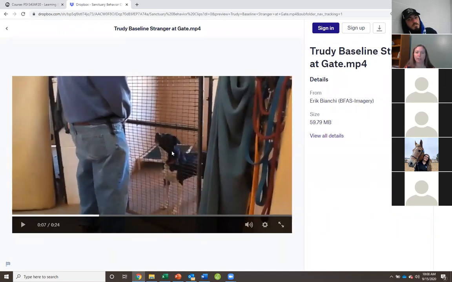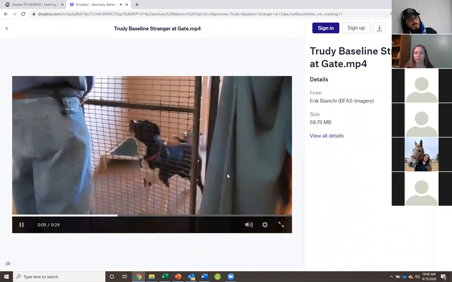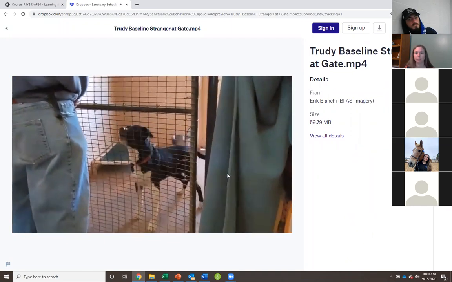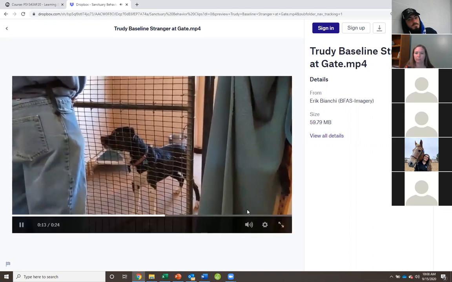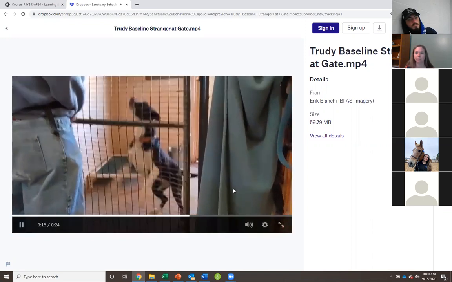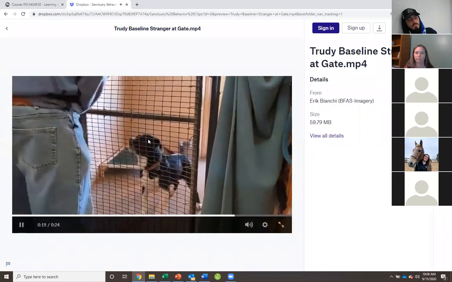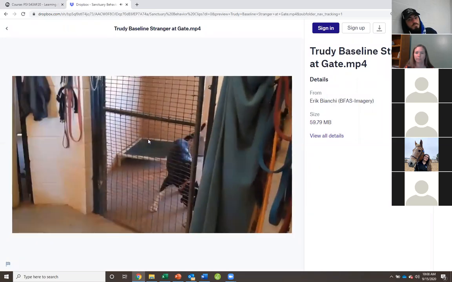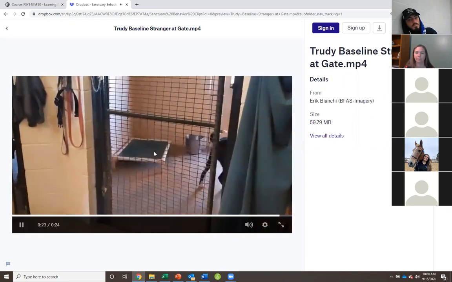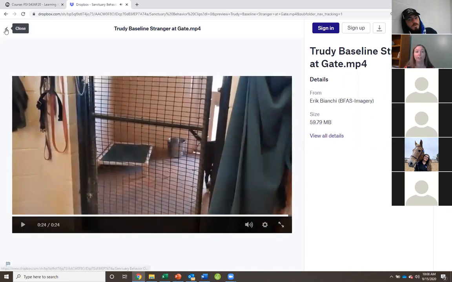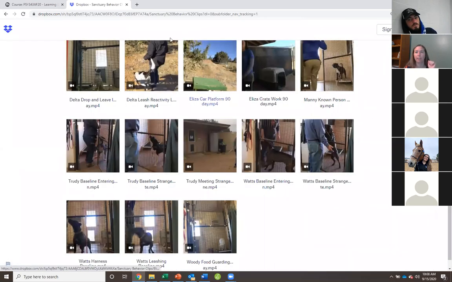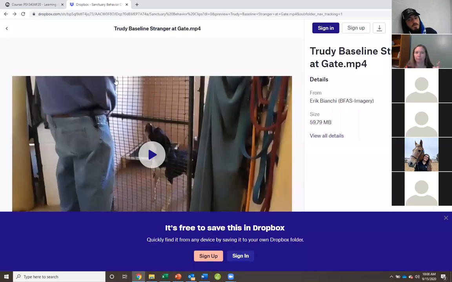So ideally the dog would not bark at a stranger. Right, and also would not jump up on the cage.